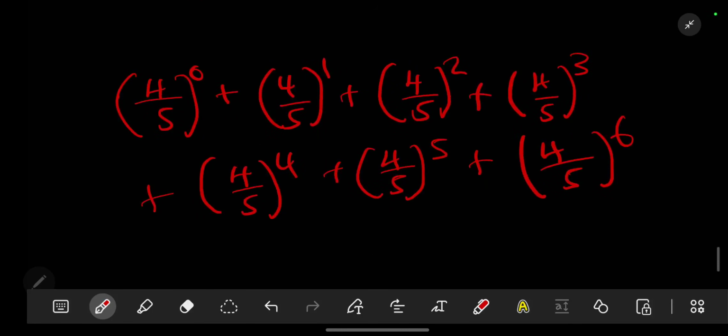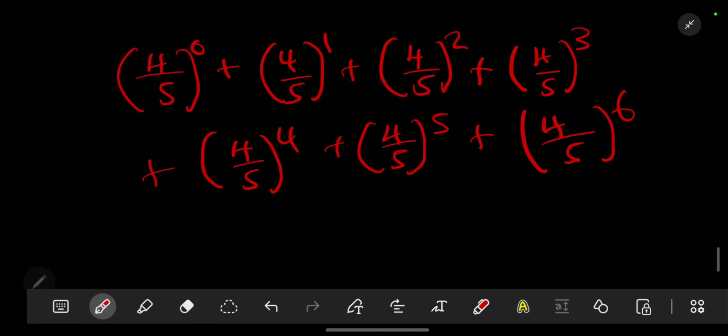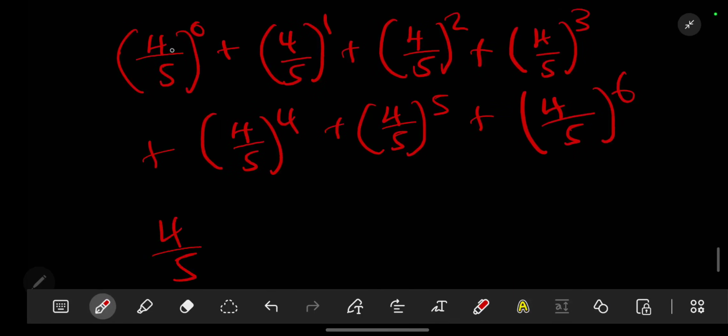This will still give you the same answer, but the problem is that you can make a mistake. This is 4 over 5, so to the power 0 is just 1, sorry.